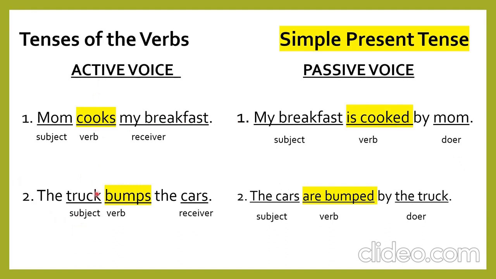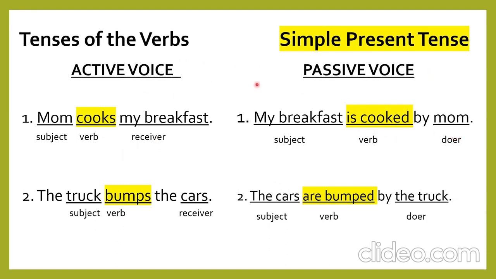Again, if it's active voice, the subject becomes the doer in passive voice. And then the verb changes from a simple tense to the one with auxiliary. And then the receiver will become the subject in the passive voice.